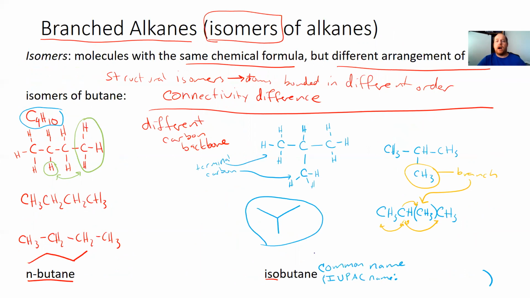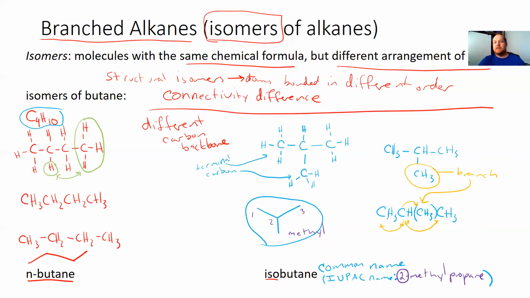We said its common name is isobutane, but now we can see there are 3 carbons with a methyl substituent. So this molecule is 2-methylpropane. But in reality, you don't even need to specify the 2. It's really methylpropane, because there's only one place it could be.